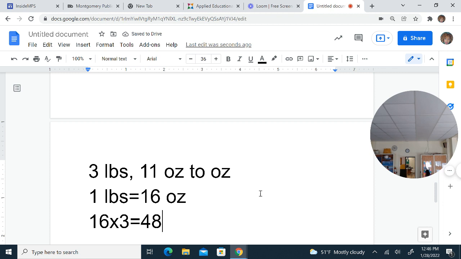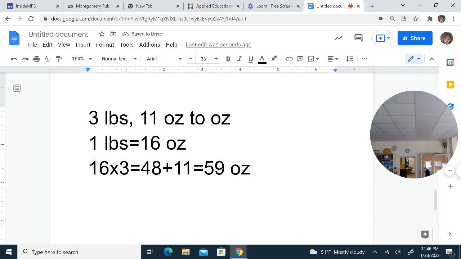Then we're going to add 11. Put the equal sign. Plus 11 gives us 59 ounces. So we got 3 pounds and 11 ounces to ounces. We know 1 pound equals 16 ounces.